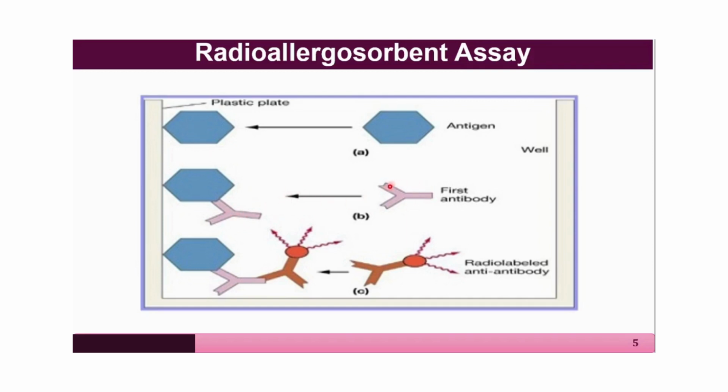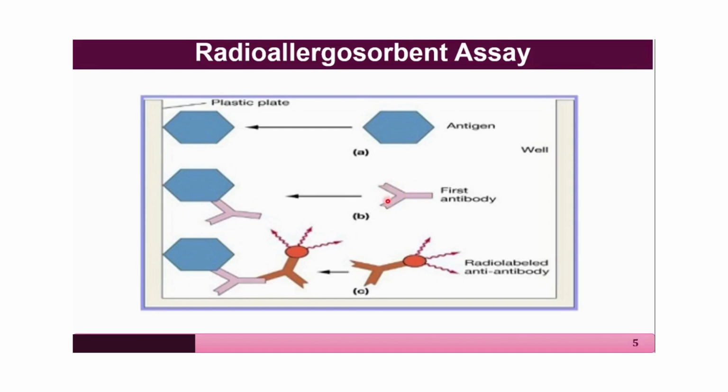Now the patient is supposed to have the antibody to those allergens, and that is called the first antibody or primary antibody, and generally it is IgE.